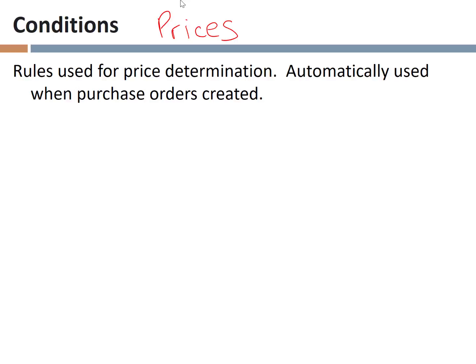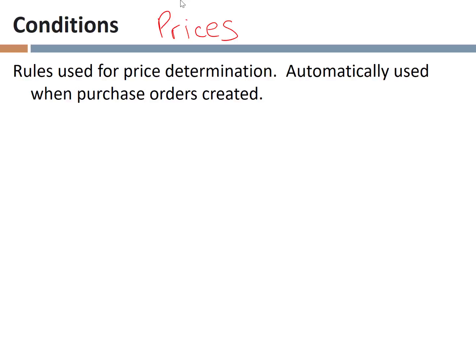For example, we might say the standard price for this product is $1.50 a unit. But if you buy more than 50, the price drops to $1.45. And if you buy more than 100, the price drops to $1.40, and so on. So we could have a pricing schedule based on the quantity purchased. That's an example of a rule, and we could set those rules up.